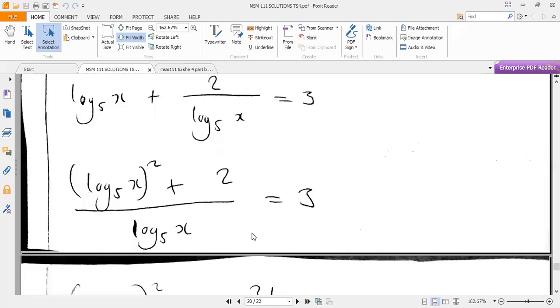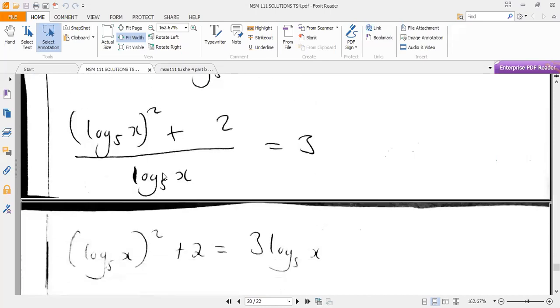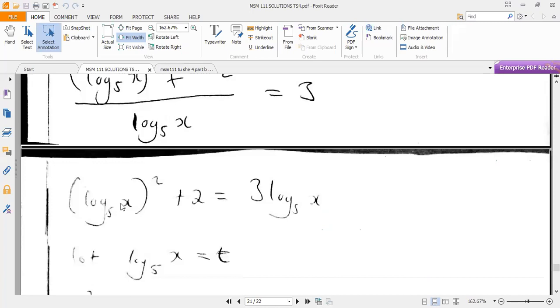So we can easily multiply throughout by the same log base 5 of x, isn't it? So that the log base 5 of x on the denominator goes away, we have something like this: log base 5 of x, squared, plus 2, is equal to 3 log base 5 of x. Now, we know that we don't like to deal with these when they're quadratic, isn't it?